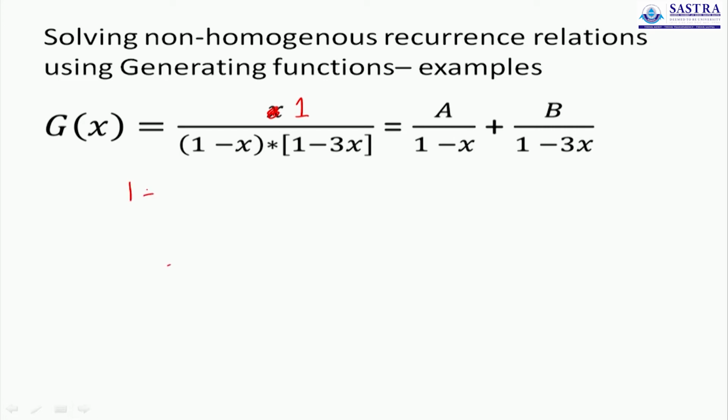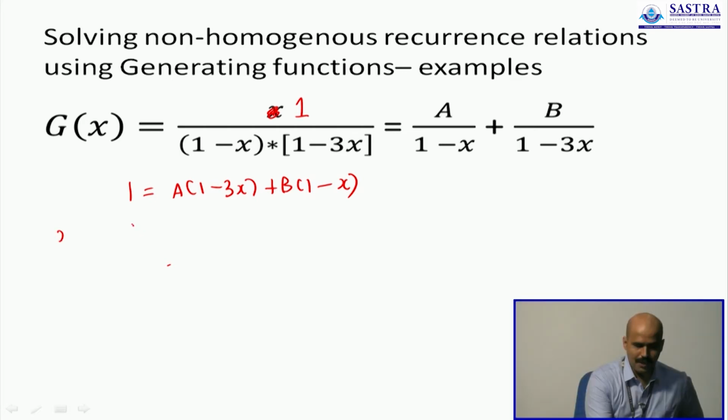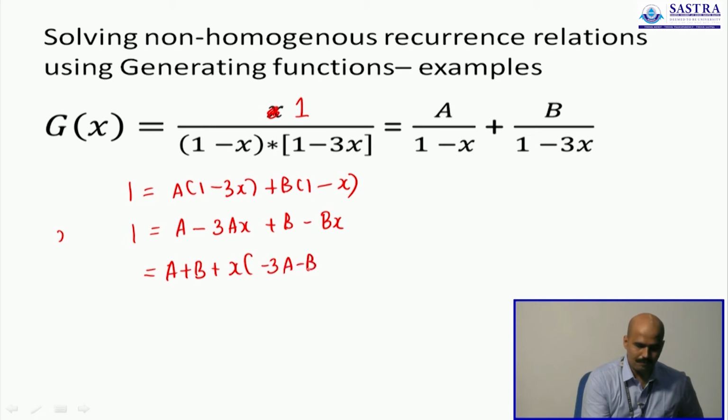So 1 is a times (1 minus 3x) plus b times (1 minus x). We are supposed to solve for a and b, so we can do this easily by substituting, or let us expand them. So you will have a minus 3ax plus b minus bx, or 1 is a plus b plus x times (minus 3a minus b).